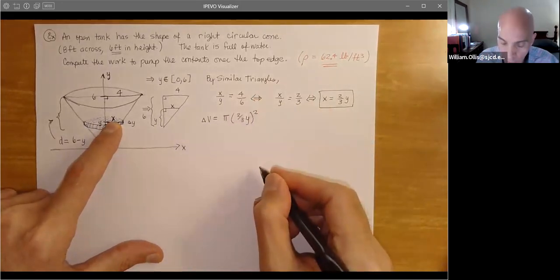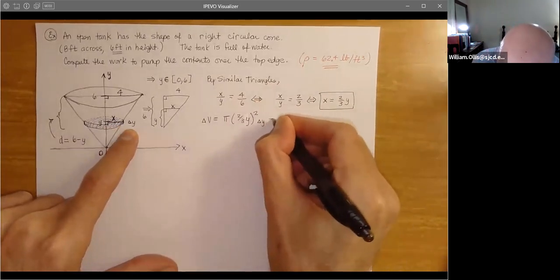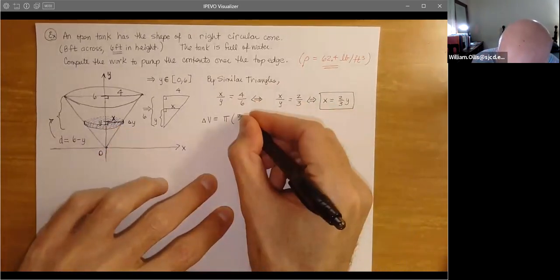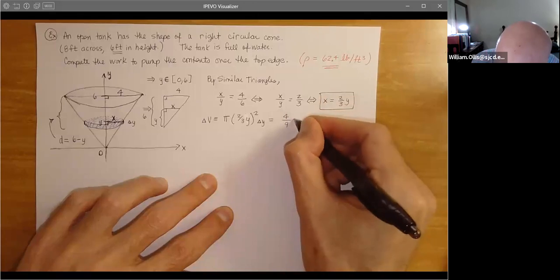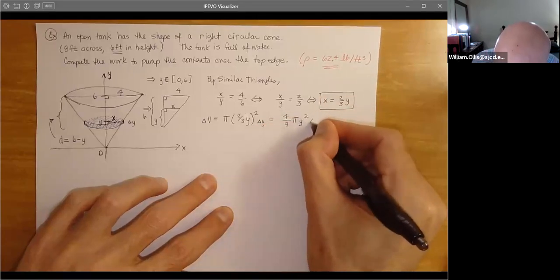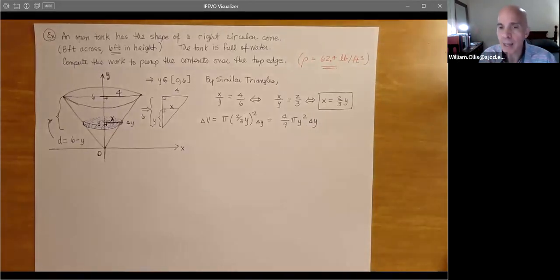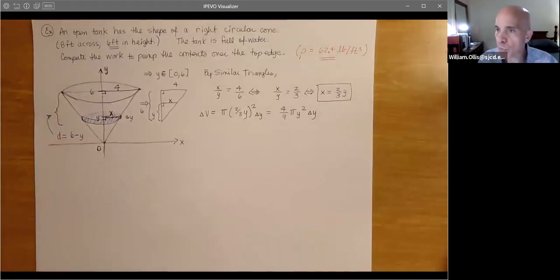So pi r squared, and then times delta Y. So this will give us 4/9, squaring 2/3, 4/9 pi y squared delta y. So again, the algebra is going to look a little bit different in this problem, but certainly no more difficult than what we've had in the past, maybe even easier.